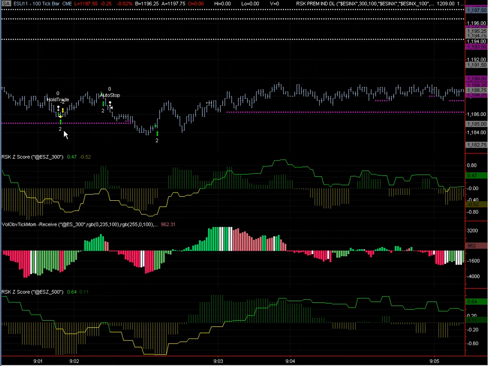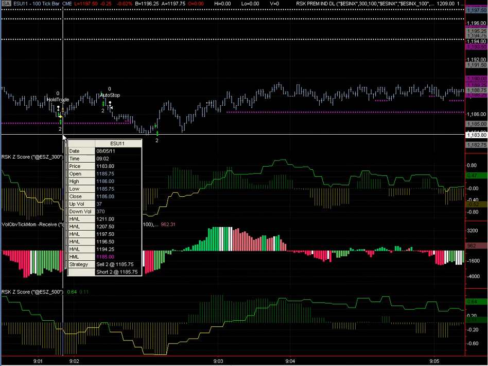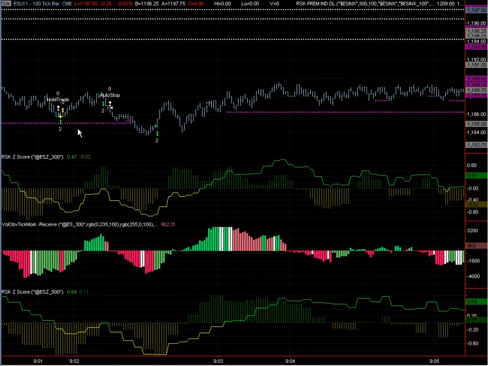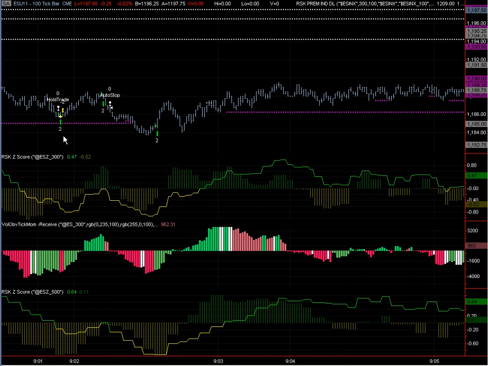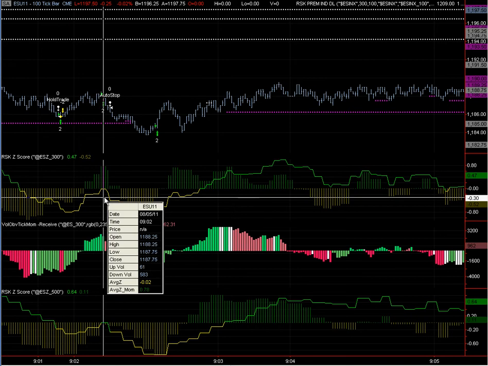So let me just go through this nice and slow so you understand. I'm going to take this trade for trade. This long trade gets immediately reversed by the short trade, and the market moves against us. Now, we are not going to be stopped out of this trade unless this z-score indicator here goes positive, and the trade never went positive here.